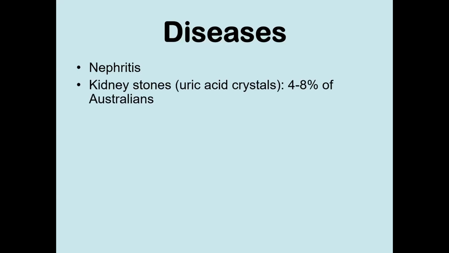So let's look at the diseases of the kidney. We have nephritis, that means the nephrons have a problem. We get kidney stones, which are uric acid crystals. We have a tiny bit of uric acid, which depends on your diet to some degree, I think.